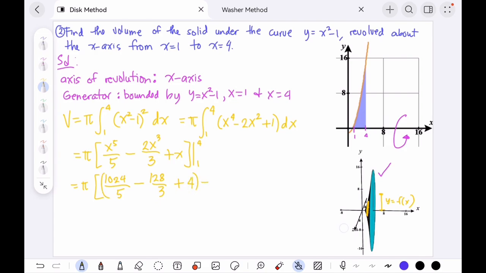Minus, when x is 1, we have 1/5, followed by 2/3 plus 1.